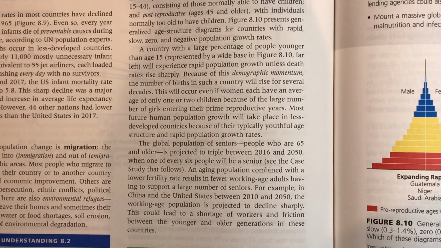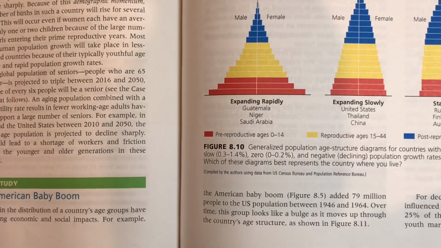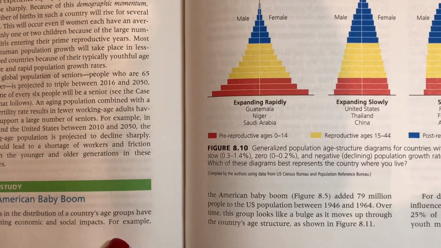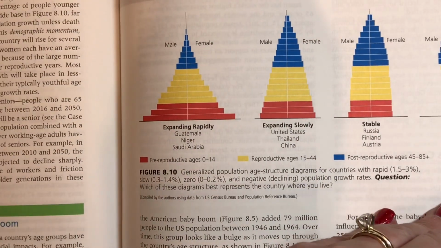Let's see. Define when the American baby boom took place. So now you're going to learn about the background on that phrase, okay, boomer. So it's right here, figure 8.5.